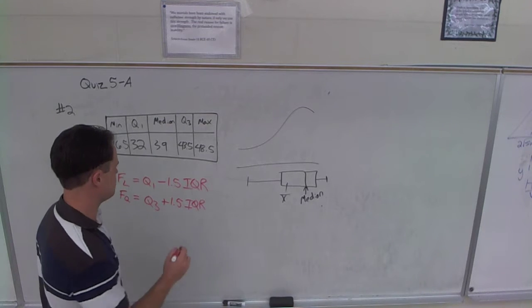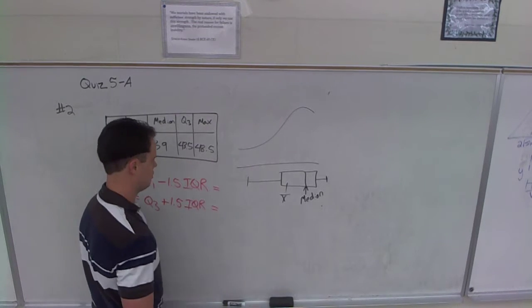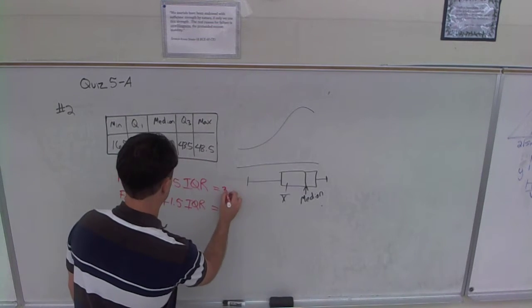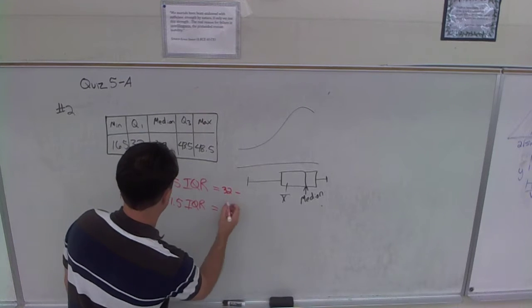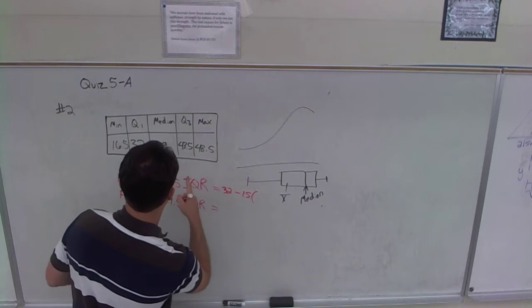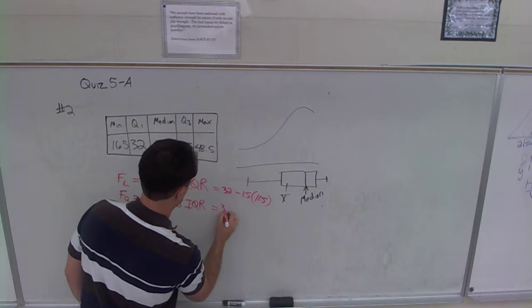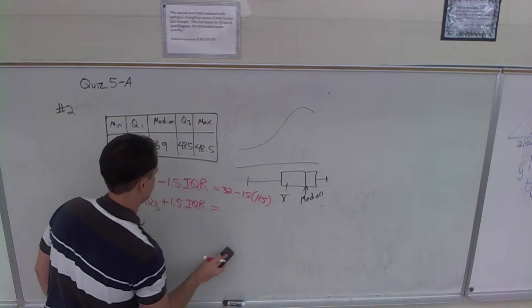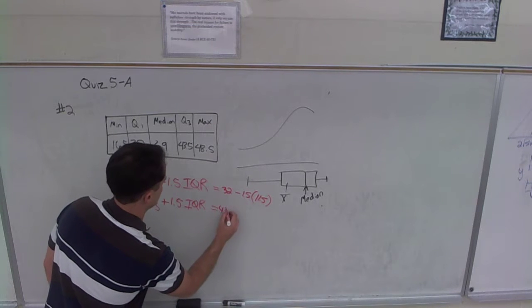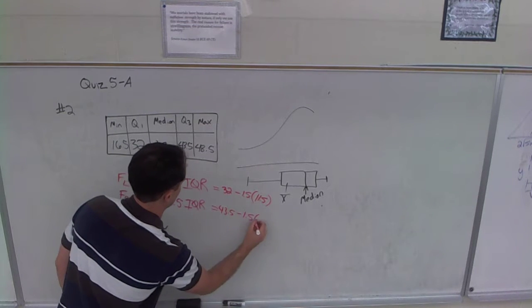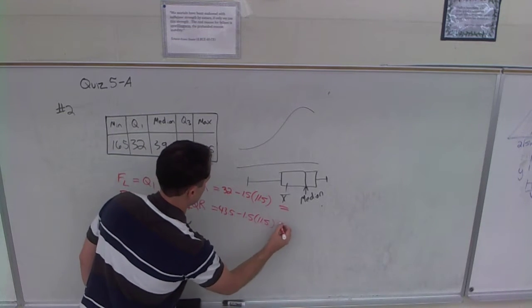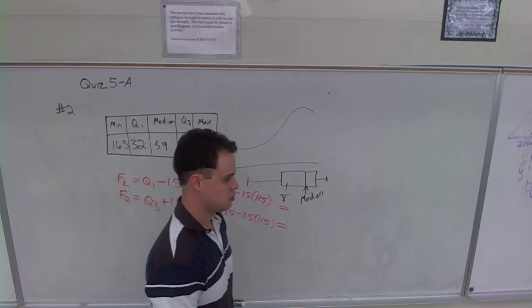So for this data, why don't you guys do that real quick? I'm gonna go 32 minus 1.5. The IQR was, what is that, 11 and a half? 30, oh no. 43 and a half minus 1.5 the IQR. Somebody feed me those values.